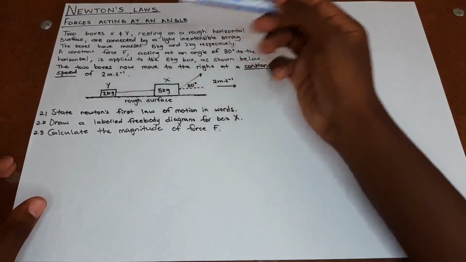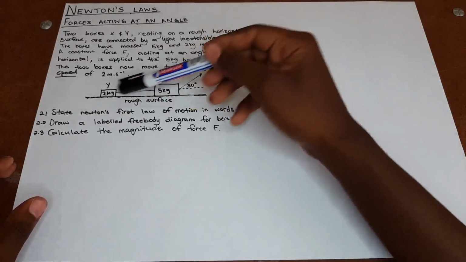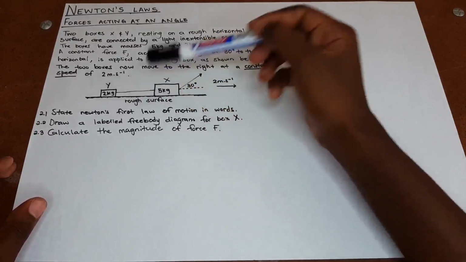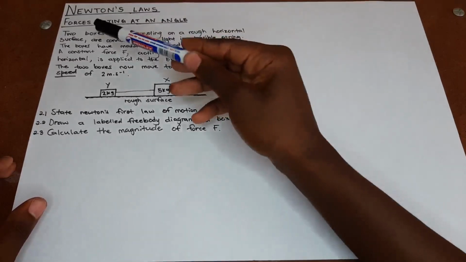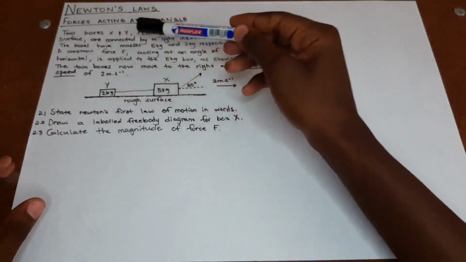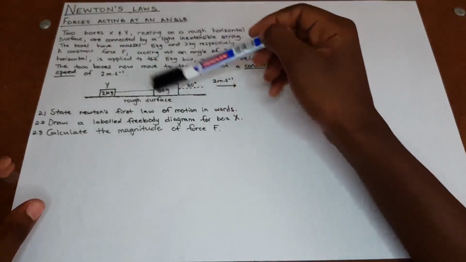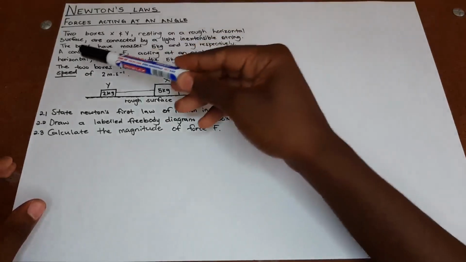This is the inextensible string connected to both of these objects. The boxes have masses 5 kg and 2 kg respectively.